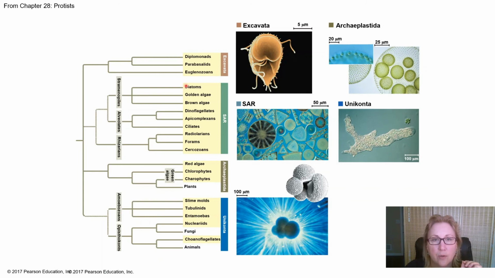Okay, so in 1151 we talked about the 4 big supergroups of protists, the excavata, SAR, which is an acronym for straminopiles, alveolata, and rhizarians, the Archaeplastida, which includes the green and red algae, and also plants, because plants, if we draw this according to what happened during evolution, plants directly come out of the Archaeplastida.